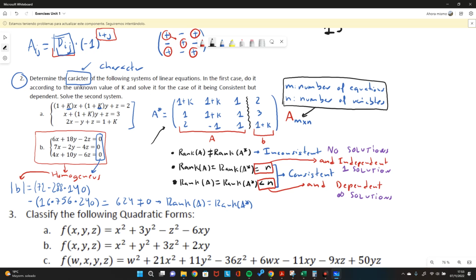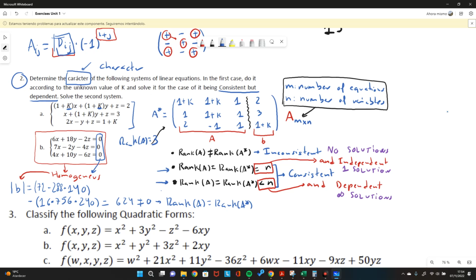And so what we need is the rank of A, because we know that if the rank of A was 3, the maximum it can be, we would be in this second case, which is the typical case. I just have one solution, but it's asking me to solve the system only in the case that I have consistent but dependent. So it's asking me to get a solution only in the third case.